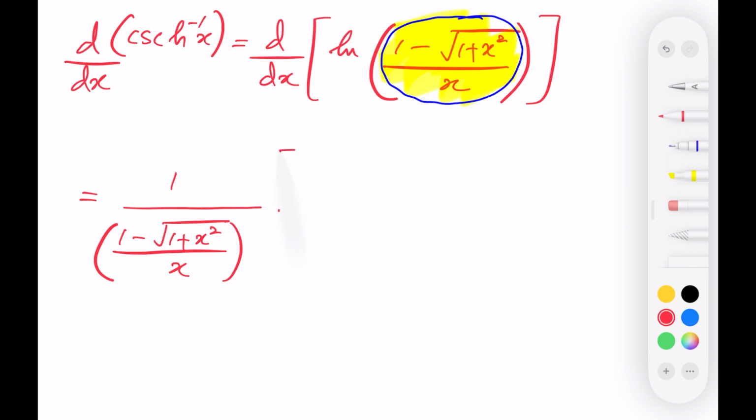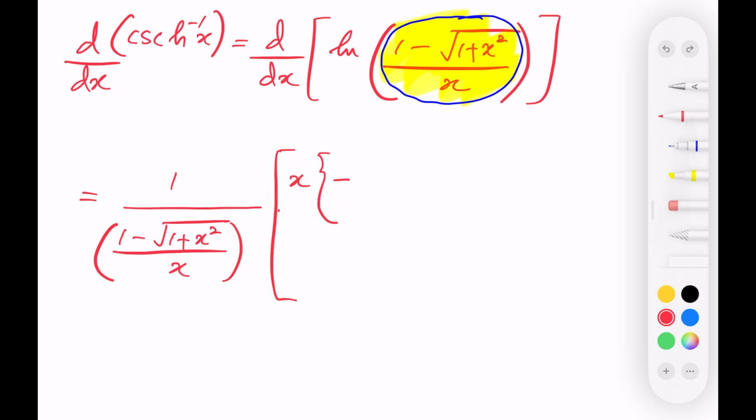When I apply the quotient rule, it's going to be the denominator times, that means the x times the differentiation of the numerator. If you differentiate the 1, it's going to be a 0, and there's this negative symbol. Let me write that down. And I need to differentiate the square root 1 plus x squared term.